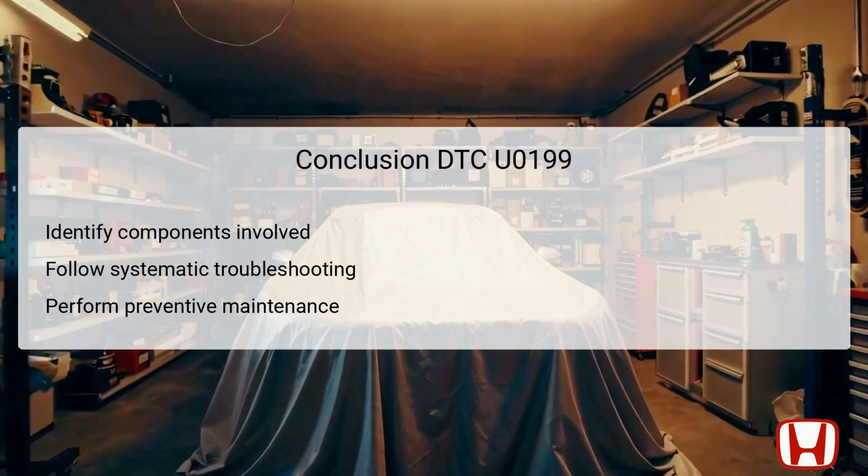In conclusion, addressing DTC U0199 requires a methodical approach, starting from understanding the components involved, such as the climate control unit and power window master switch. By following the established troubleshooting steps, checking power circuits, inspecting connections, and confirming system functionality, technicians can effectively resolve the issue.